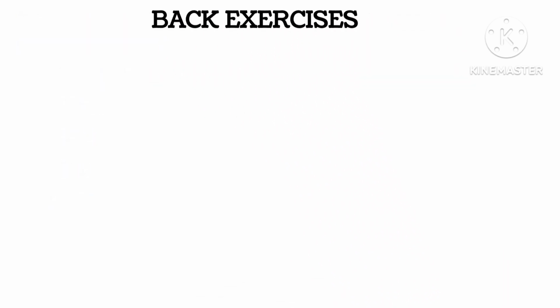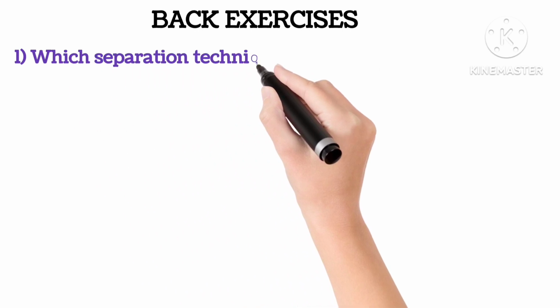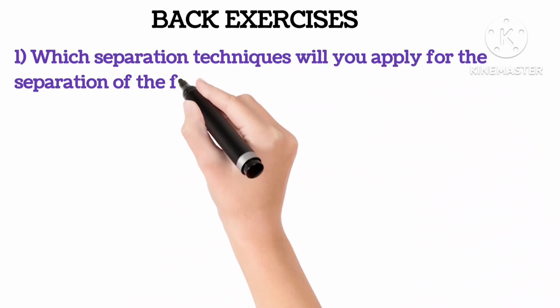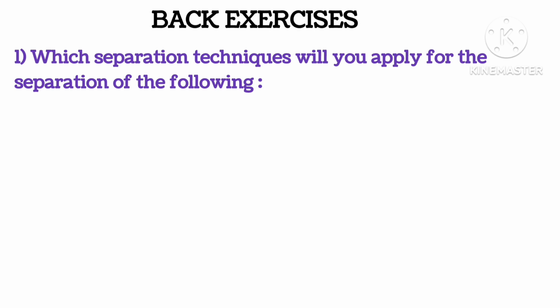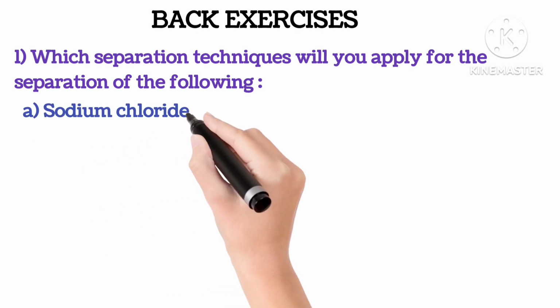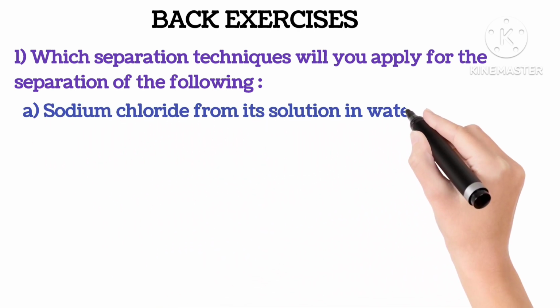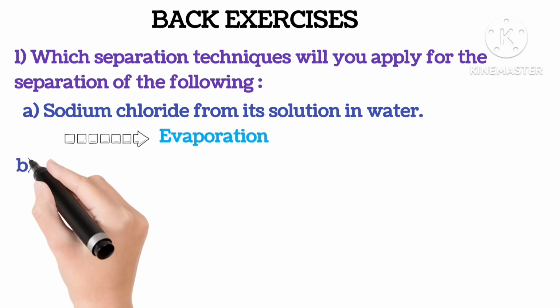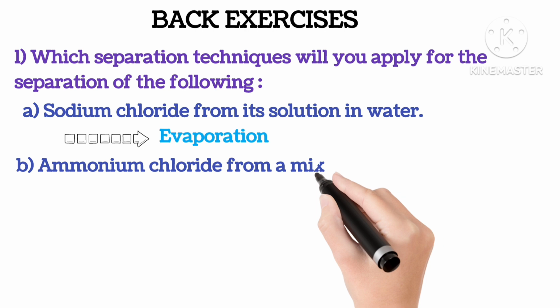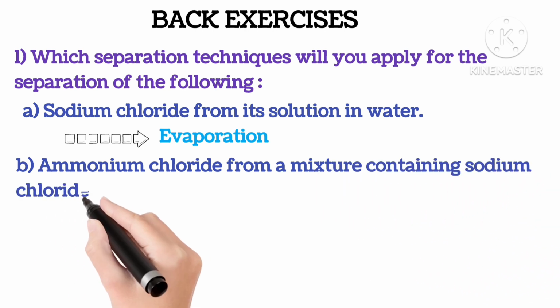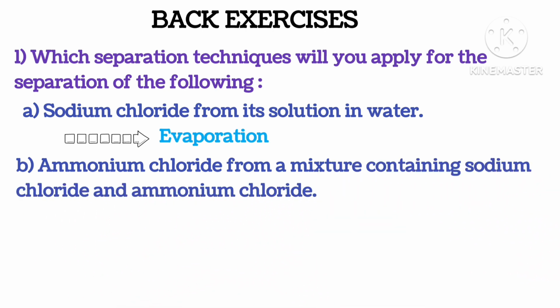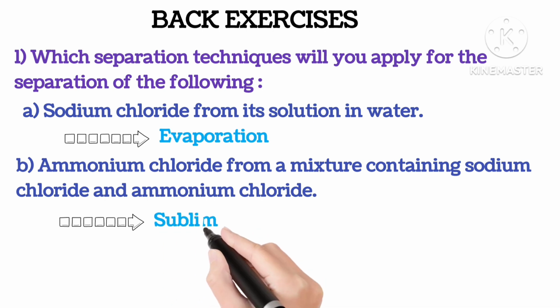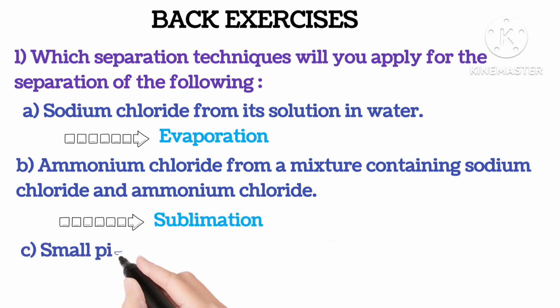Back exercises. Which separation technique will you apply for the separation of the following? Sodium chloride from its solution in water, we use the technique of evaporation. For ammonium chloride from a mixture containing sodium chloride and ammonium chloride, the answer is sublimation.